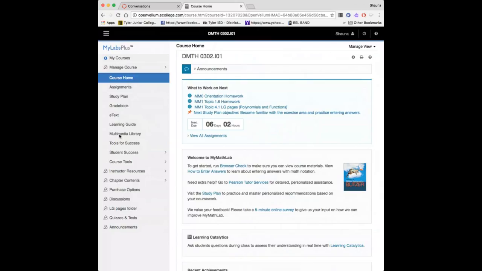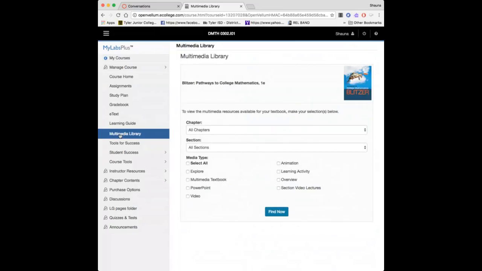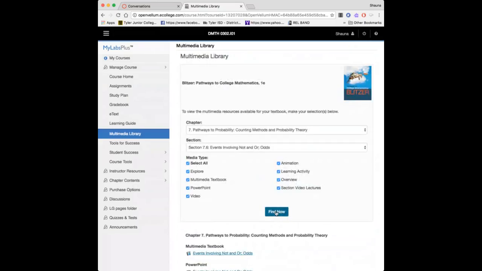But if you see this button right here, it's called Multimedia Library. I'm going to click on it, and then it's going to open up the textbook. So this is what the textbook looked like if you would go and buy it. And so you want sections, you want to go to chapter 7, okay, and you want sections 7.6 and 7.7. I'm going to select all on here, and I'm going to click Find Now.